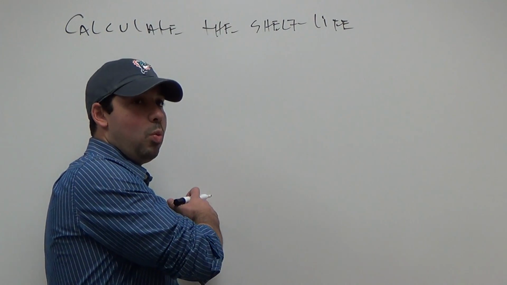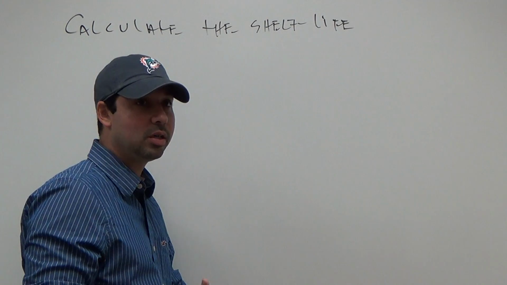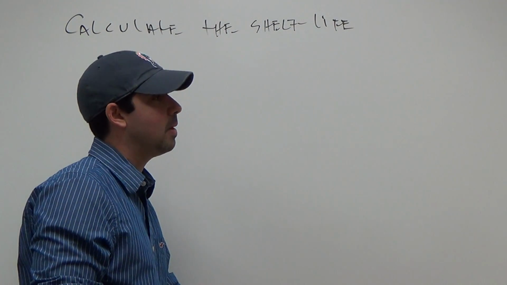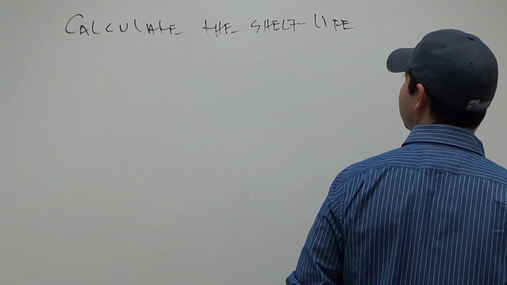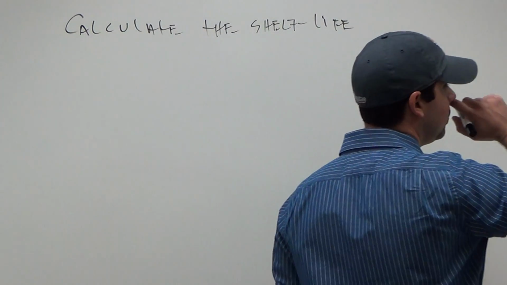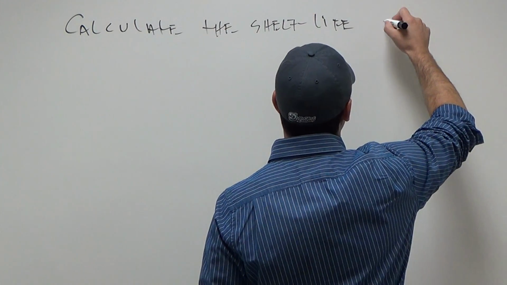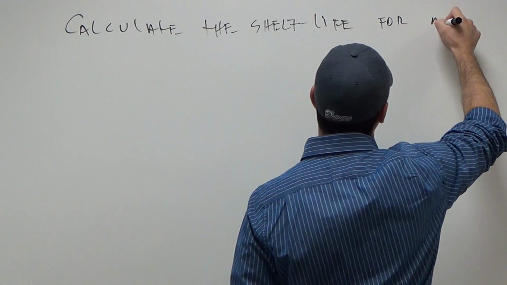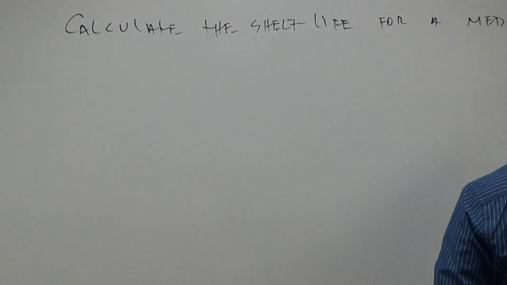So, when it decomposes 5%, what's the concentration then? 95, yes? And that's called shelf life, whatever amount of time that takes. Even if these numbers that I'm doing here don't make sense, it's fine. So calculate the shelf life for a medication.